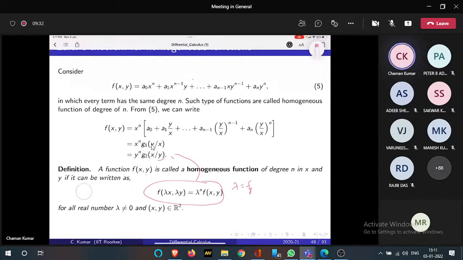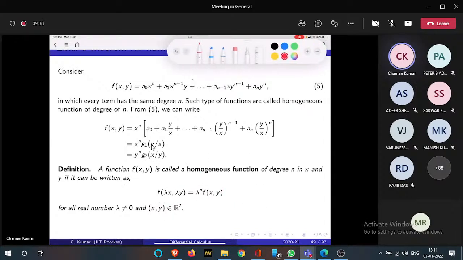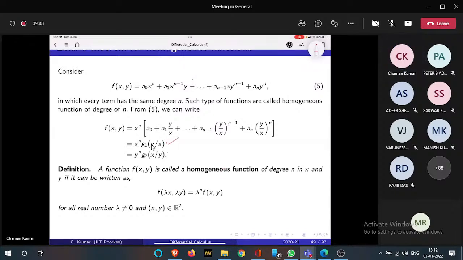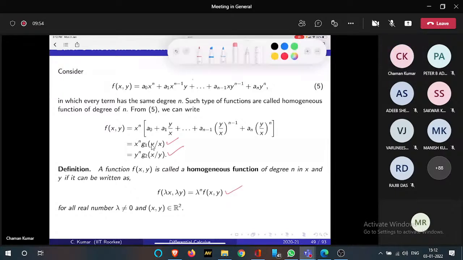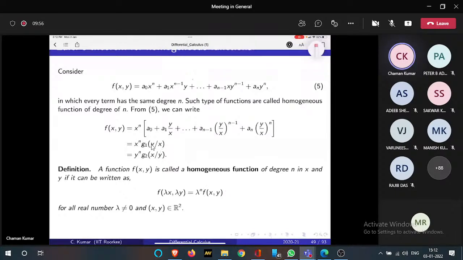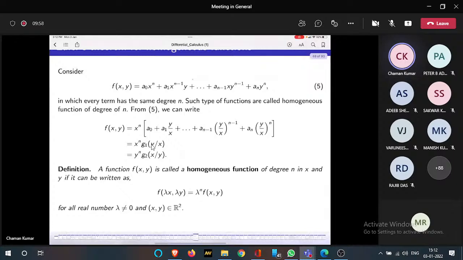Whatever is convenient for your calculation, you can use that. If I ask you to check whether the function is a homogeneous function or not, you can use either this one or this one or this one. All three will lead to a homogeneous function of degree n.